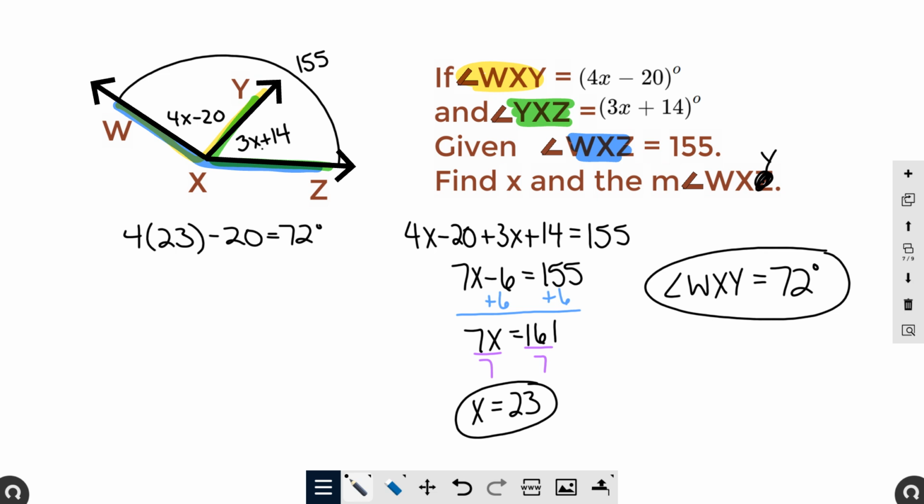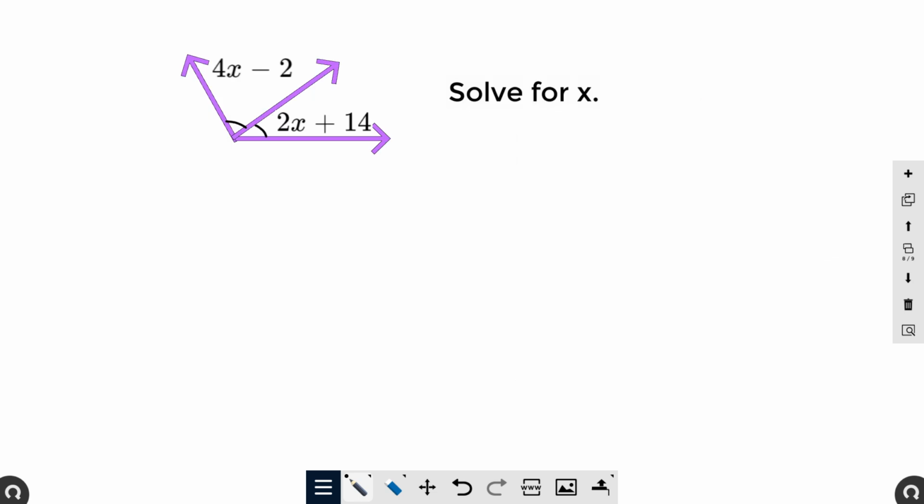All right, y'all ready for the last problem? Yippee! Okay, copy down this picture and write those words. Solve for x.